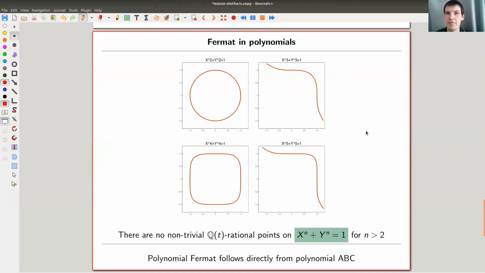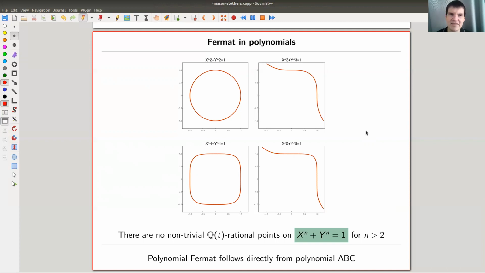And of course, you also have Fermat for polynomials, right? Fermat's last theorem is ridiculously hard to prove. Fermat's last theorem for polynomials is very easy, just a consequence of this half-page proof plus maybe another half a page, link in the description. Compared to the known proofs of Fermat's last theorem, it's just much easier.